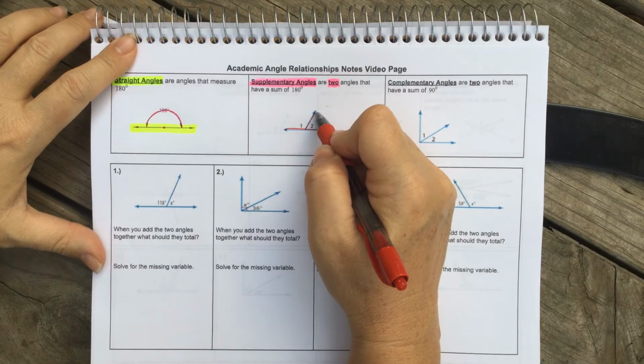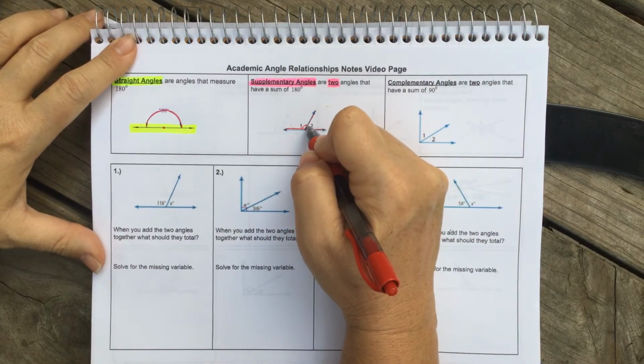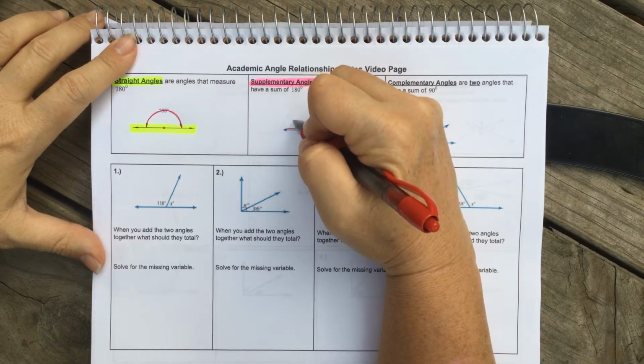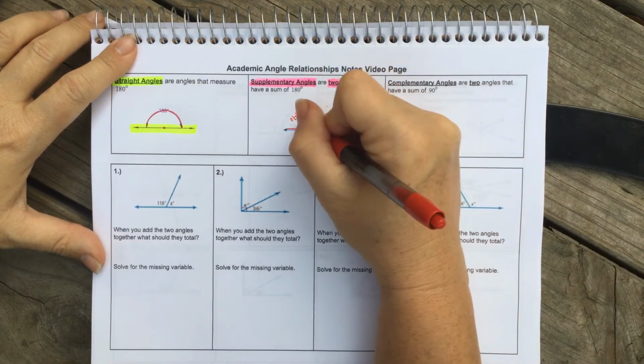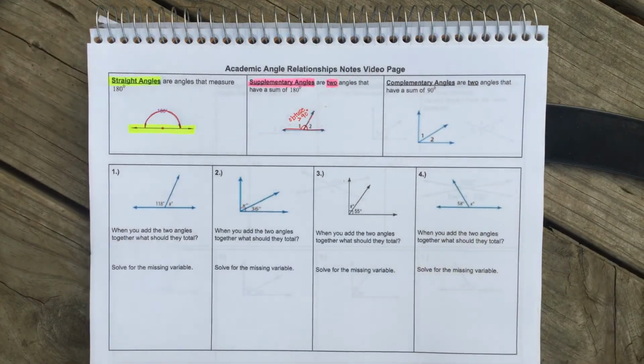Notice this line here shows that there's two separate angles. We have one angle here and we have one angle here. Now, this side is obtuse. And we know if it's obtuse, that means that it's greater than 90 degrees.